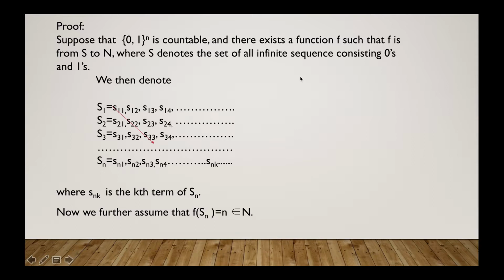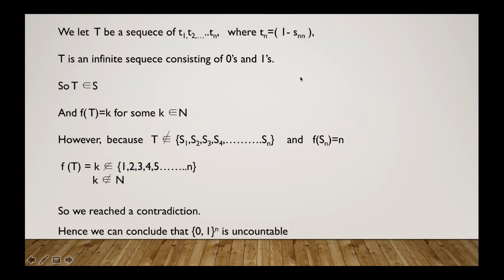For S sub nk, it means the kth term in the sequence Sn. Now we further assume that f(Sn) is equal to n, which is a natural number.